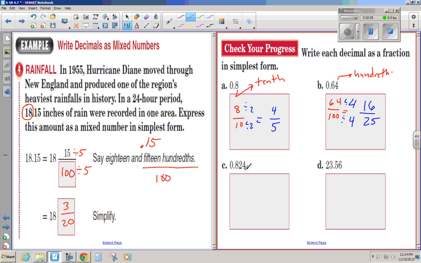Take a look here. The 4 is in the thousandths place. So it's 824 divided by 1,000. Now we look to see what these are divisible by. All right, you can cut each one in half. So the denominator becomes 500, 412. Once again by 2.